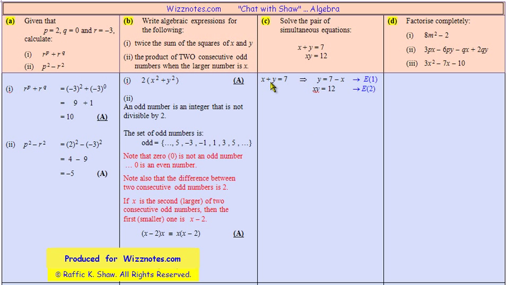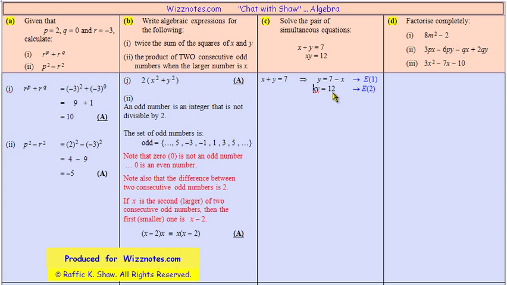We are given the line, and what we'll do is make y the subject. So y is going to be equal to 7 minus x. All we do is subtract x from both sides of this equation, and it becomes y equals 7 minus x, and we are calling this equation 1.